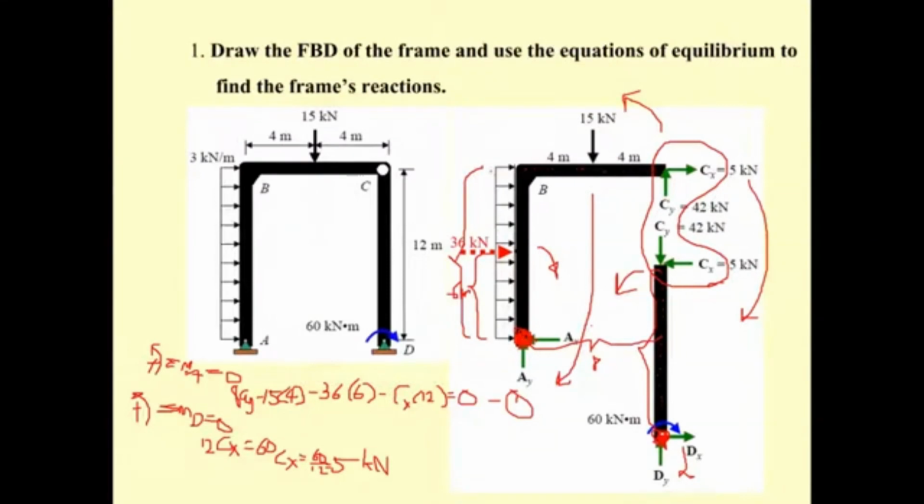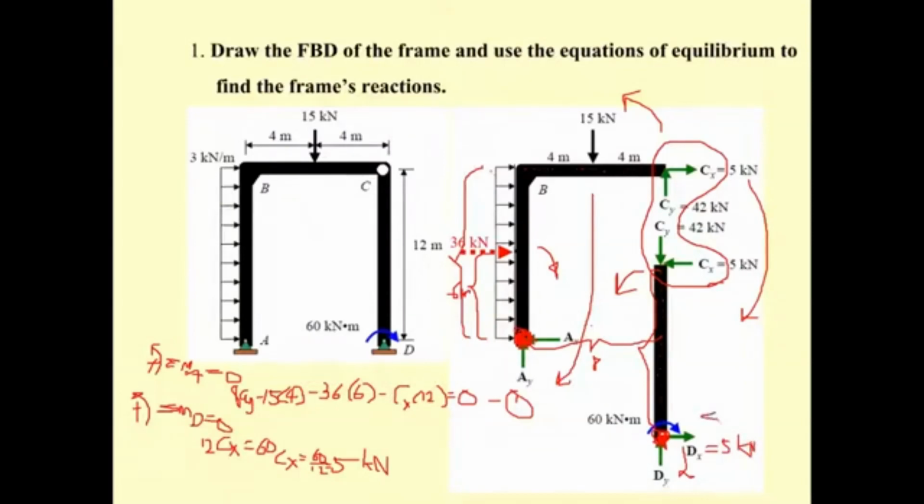Things are going to be easier if you take a look at the column. If you have c sub x of 5, then d sub x is going to be 5 kilonewton.